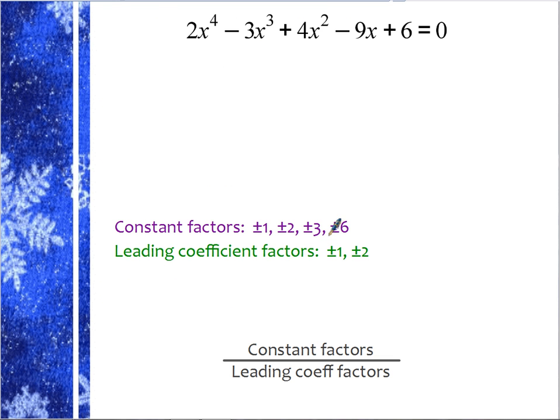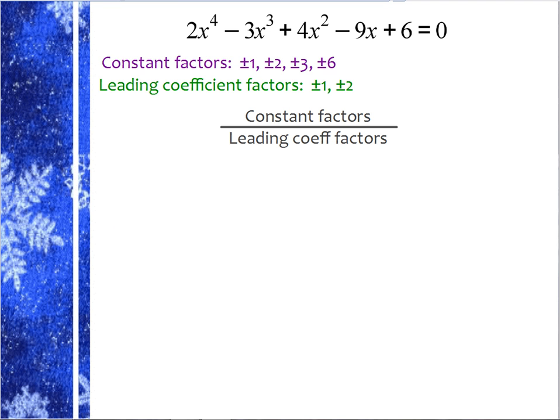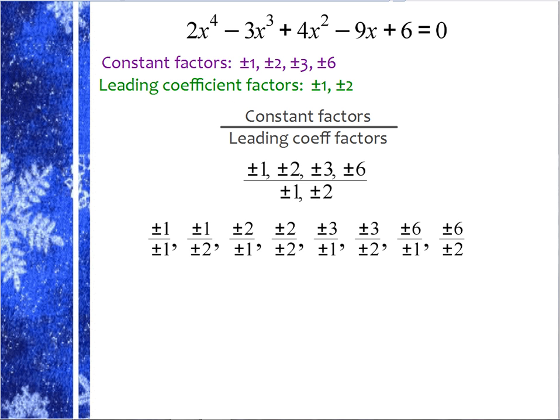If I take all the factors of my constant and make all possible combinations of putting them over the leading coefficient factors, I'm going to come up with a whole bunch of fractions. I'm going to have positive and negative 1 over positive and negative 1 and positive and negative 2.